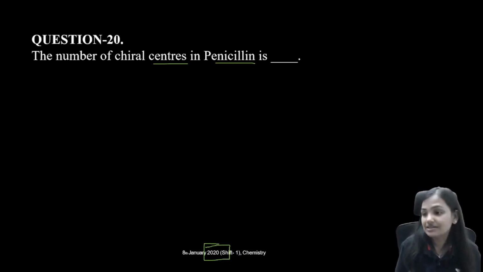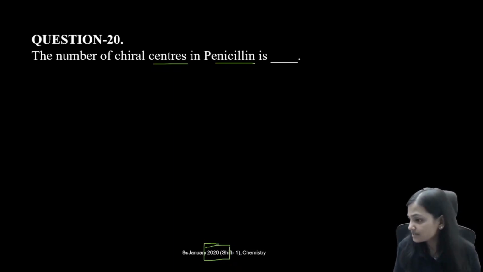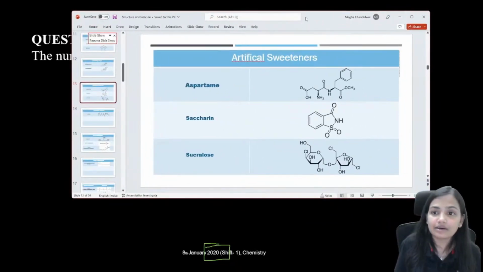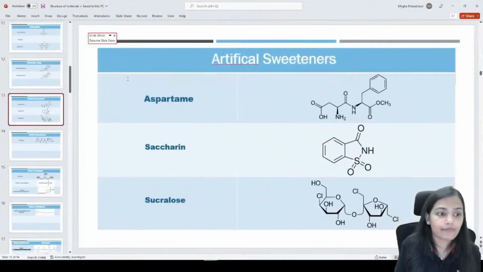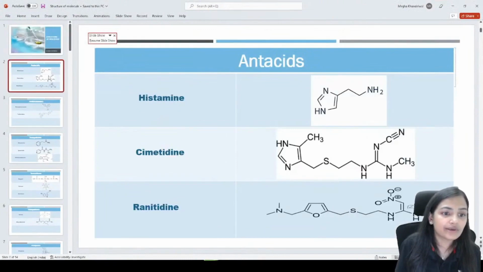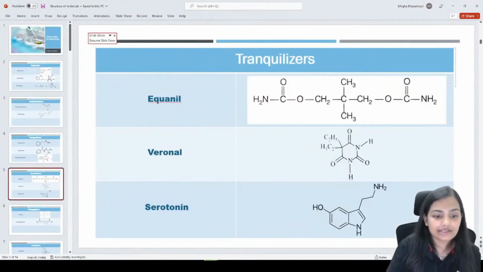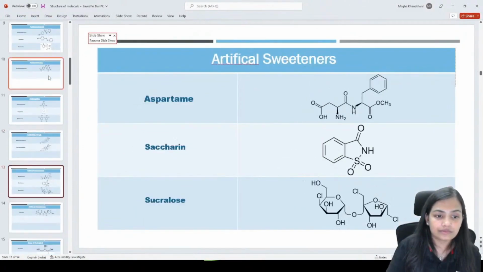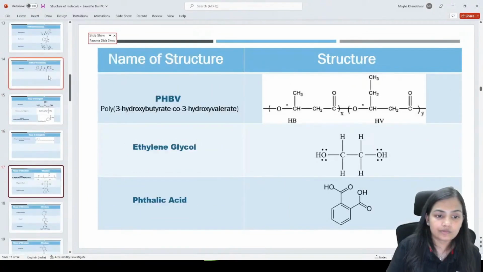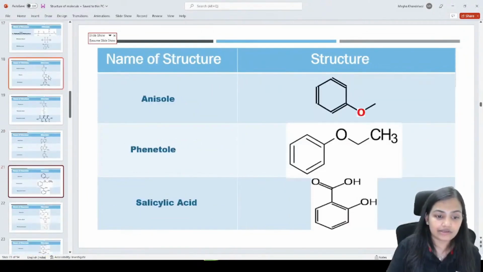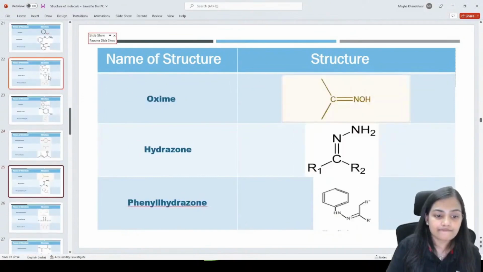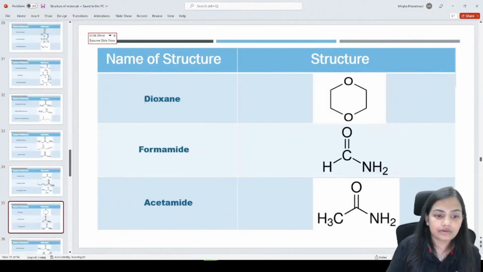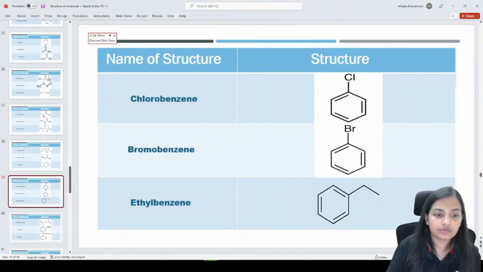Chiral center in penicillin. Now let's look for the structure of penicillin. Are you guys interested in telling me the structure of penicillin and the chiral carbon? Question is chiral center. Let's find it out. Where is penicillin? Penicillin, where are you? I do have the structure of penicillin. I know it well. I want to show that to you guys.